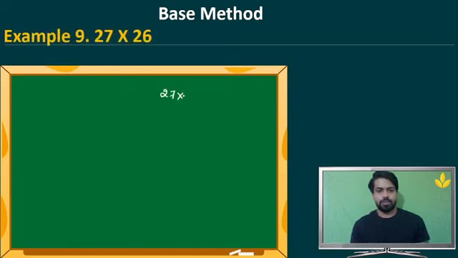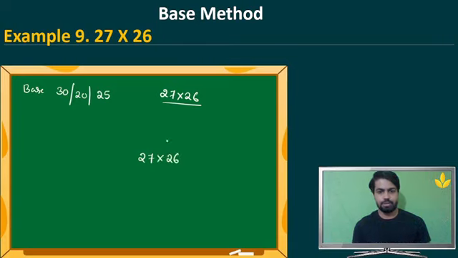27 into 26. What base are you going to consider? You can take a base as 30 or 20, but I'm going to take it as 25. Let's see, if 25 is a base, how will you get this answer? It is more than 25 by plus 1. It is more than 25 by plus 2. When you add this, we get 28 into 25, and multiplying by 25 is also easy.